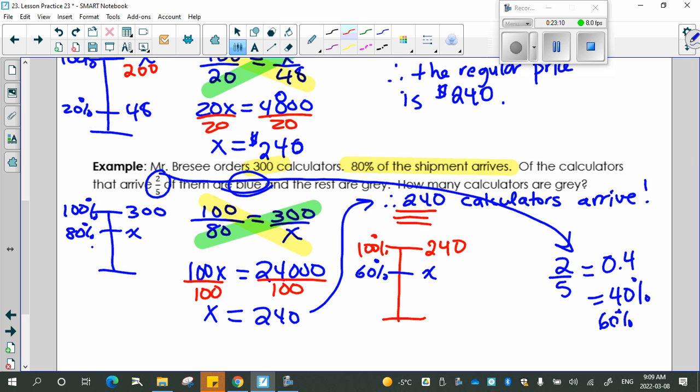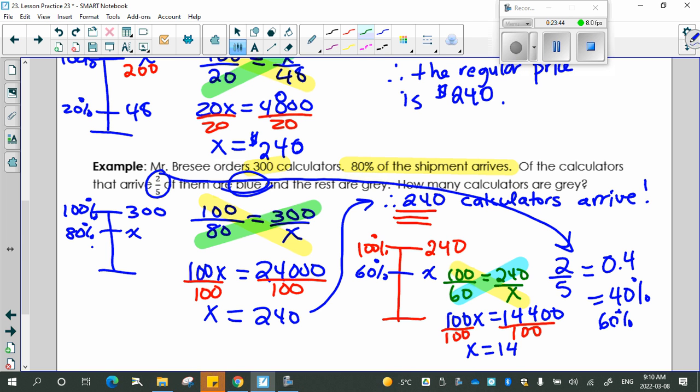So now we can make our proportion. Guys, please don't talk. Sorry. All right, so we have 100x equals, so 144.